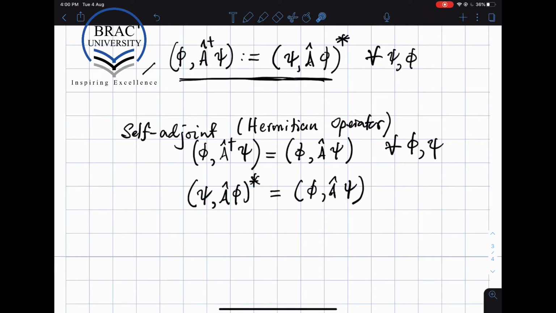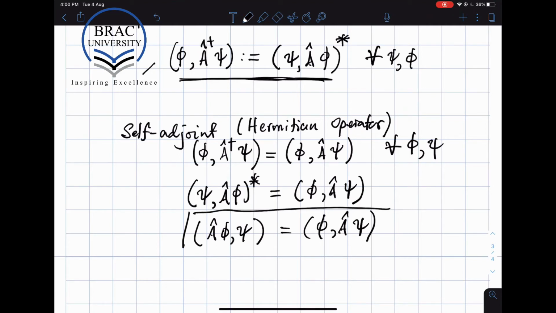So we can write the left-hand side as, so if an operator is self-adjoint, then we can use this very useful relationship. That means that if A is self-adjoint, then A can be acting on this or A can be acting on this. It doesn't matter. It gives me the same inner product.